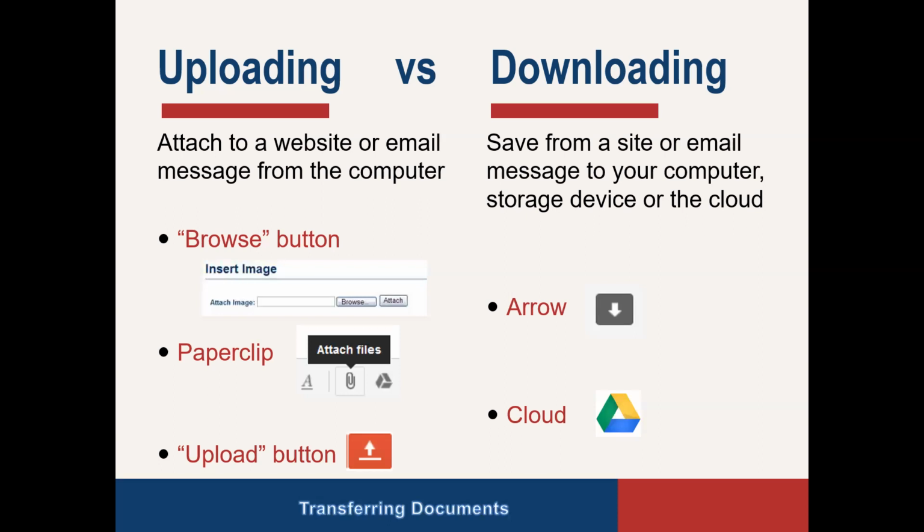Downloading, on the other hand, is when you're taking something off the computer or from a website or from a storage device and putting it on your computer or to another storage device or cloud. And so you might see it say download. You might see a down arrow. You might also see this emblem or symbol for the cloud, which the one you see here is for the Google Drive cloud.